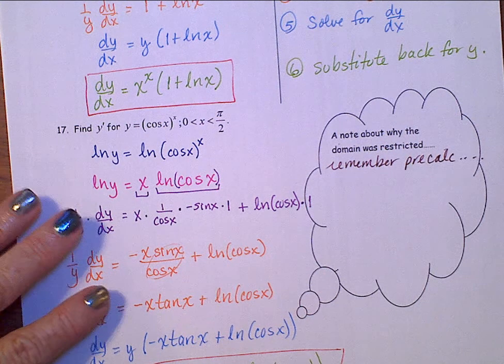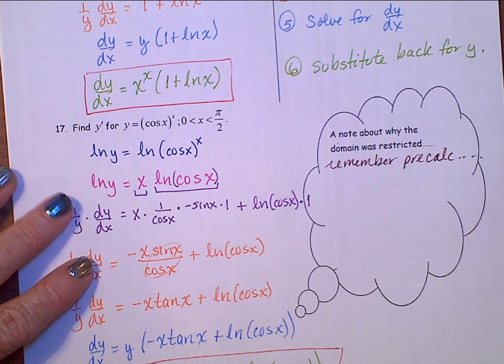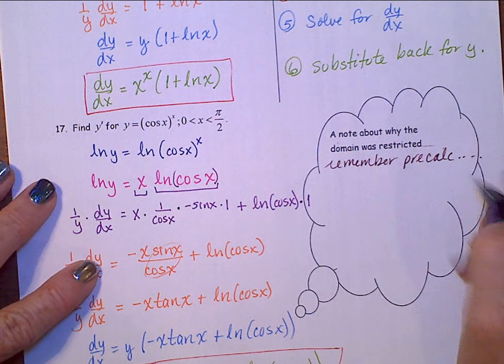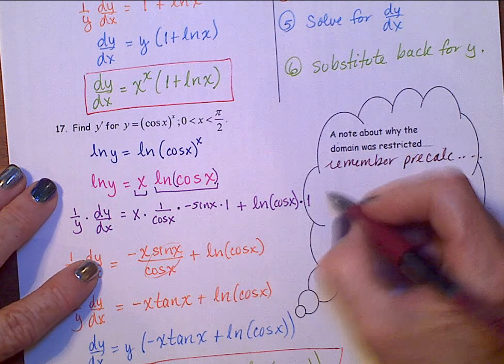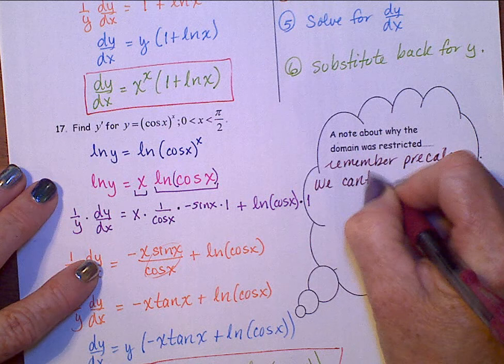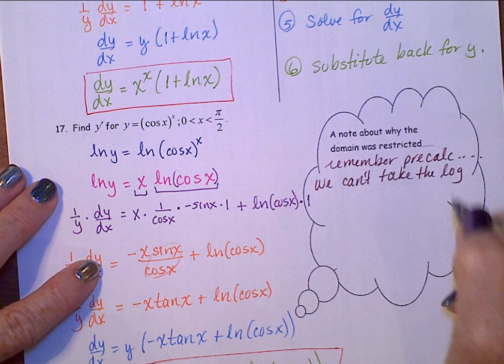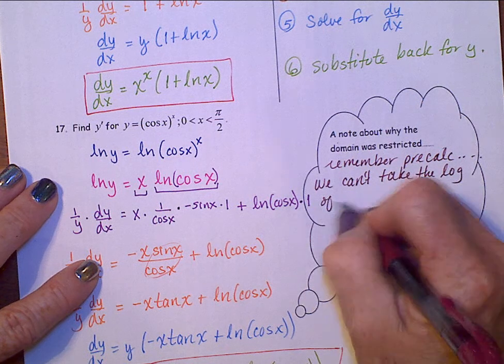With natural logs, do you remember that you can't take the natural log of a negative number? And it's not just natural log, it's any log. We can't take the log of a negative number.